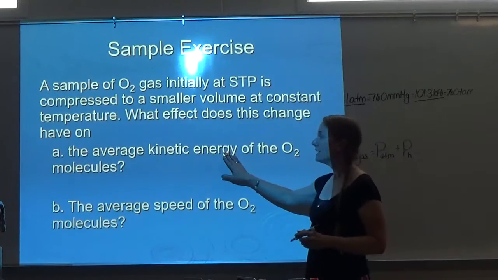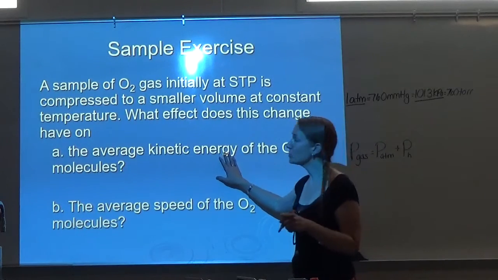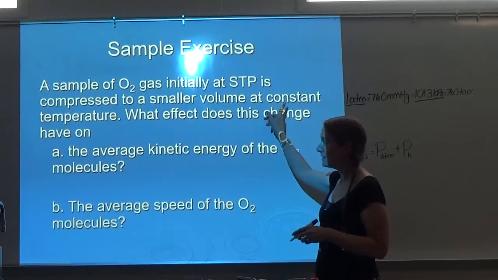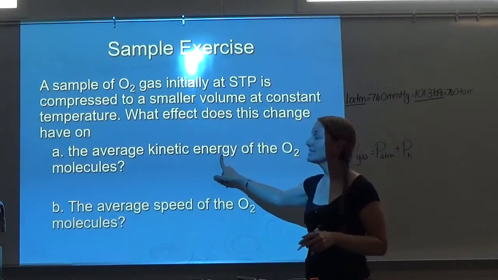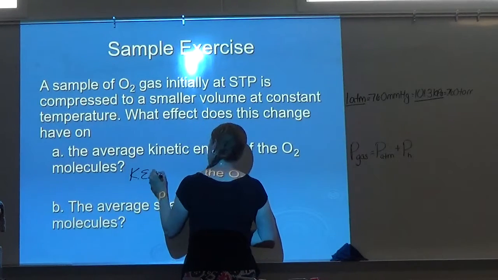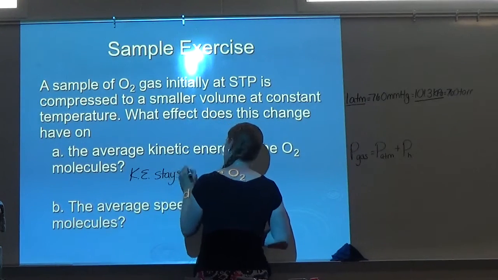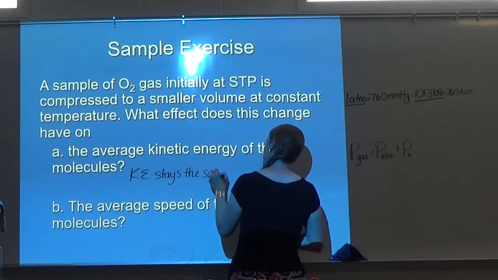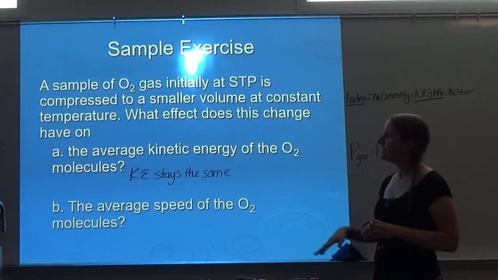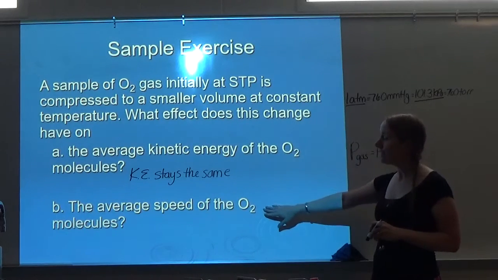Well, remember, kinetic energy is directly proportional to temperature. Temperature remained constant, so average kinetic energy is not going to change. So your kinetic energy stays the same because it's based on temperature, and temperature didn't change. All right, it says, what effect would this have on the average speed?